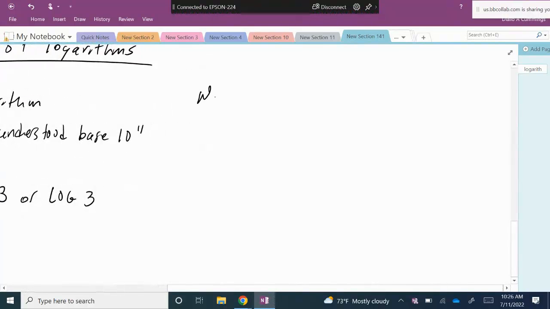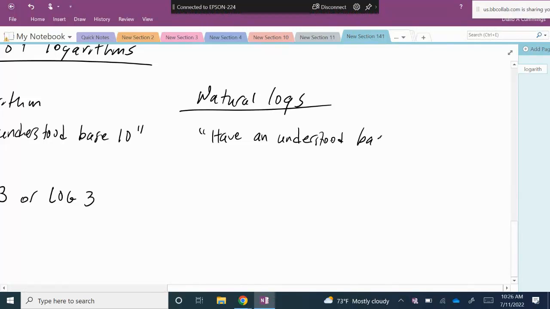We also have something called natural logs. And natural logs have an understood base E. So here's an example. So let's say that we have the natural log.